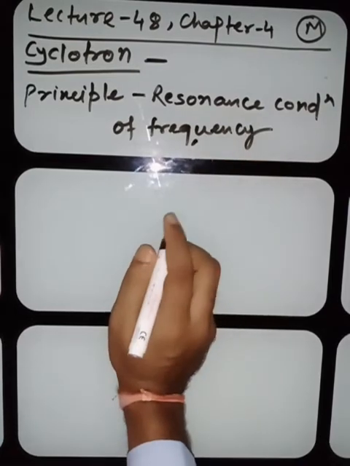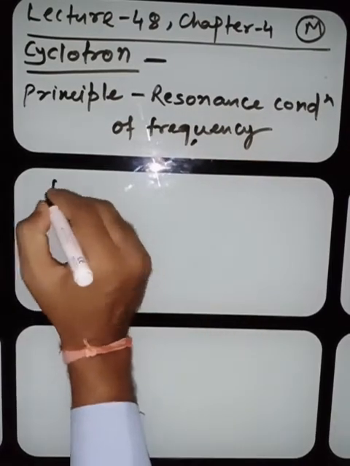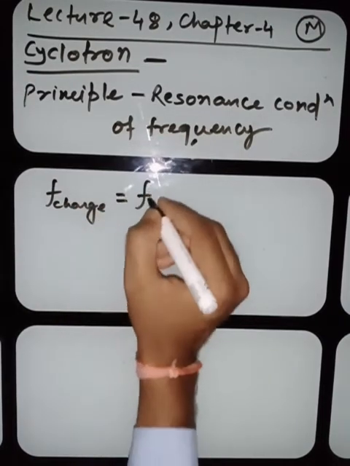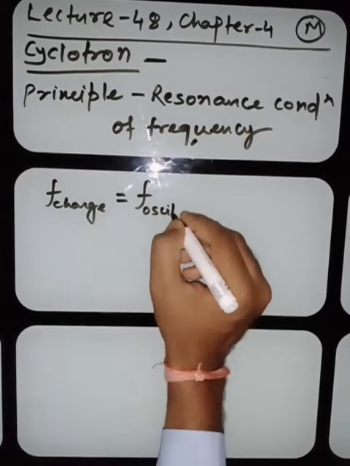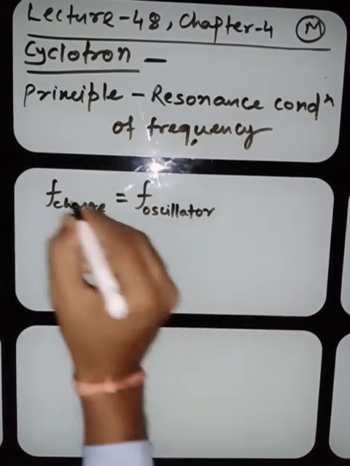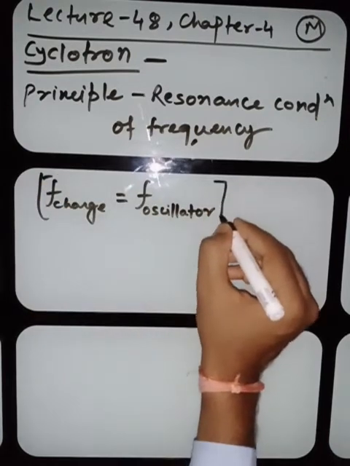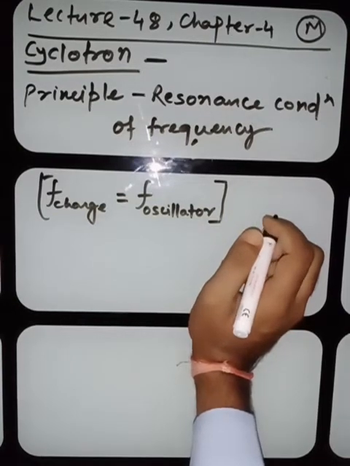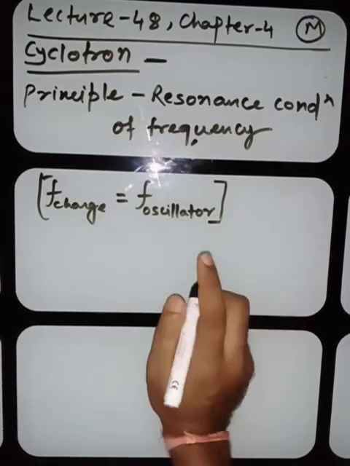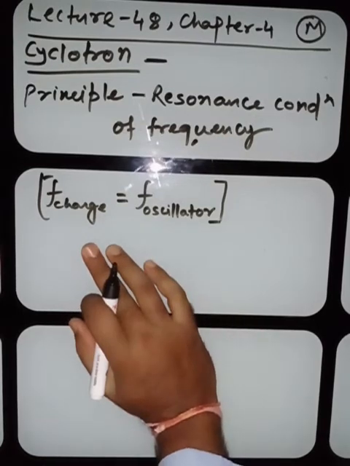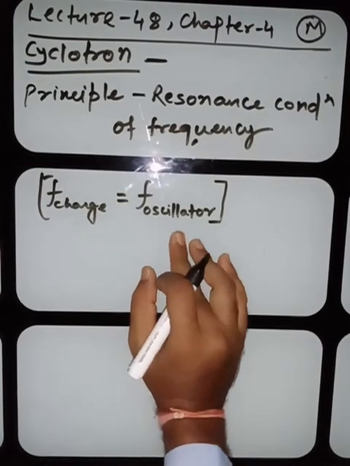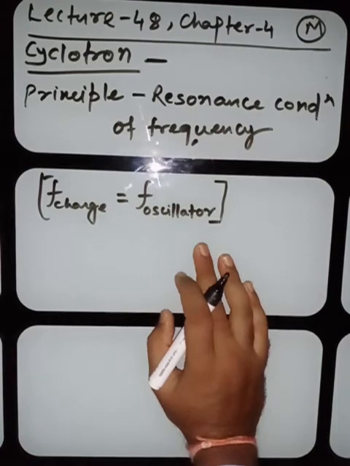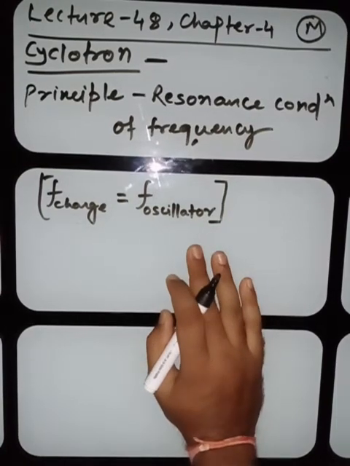It means the frequency of the circulating charge should be equal to the frequency of the oscillator. What is this oscillator? What is this charge frequency? When I make the diagram, you will get it easily. So, the frequency of the charged particle should be equal to the frequency of the oscillator. Yes, this is the working principle of cyclotron.